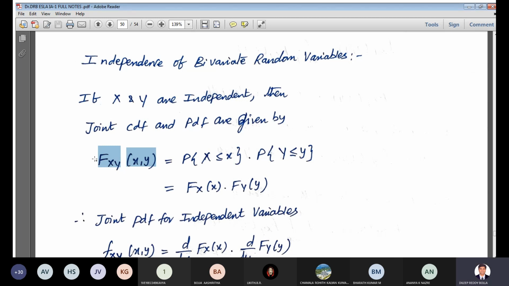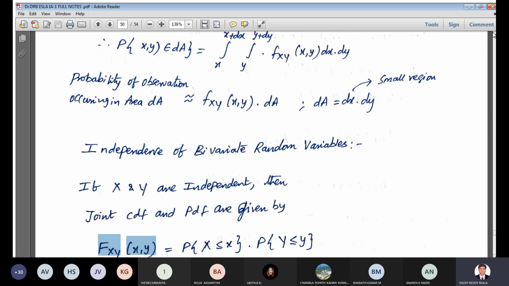Why we get this is because we do the intersection here. If you want to find this, we do the intersection. When you are trying to find the intersection, there is no value of X matching with Y. X is independent, Y is independent. Usually when you are trying to find the CDF, I will show the formula.